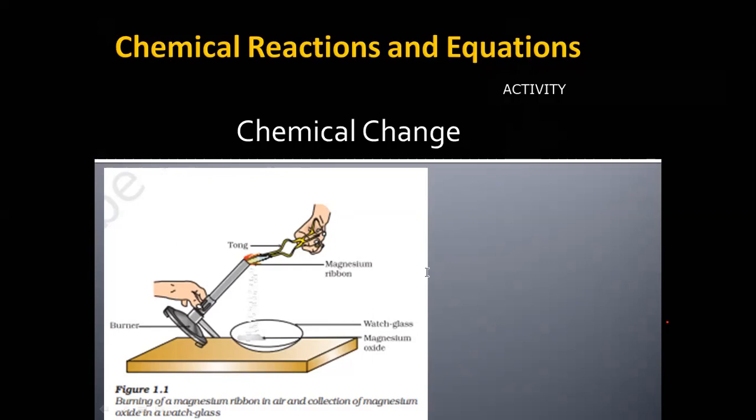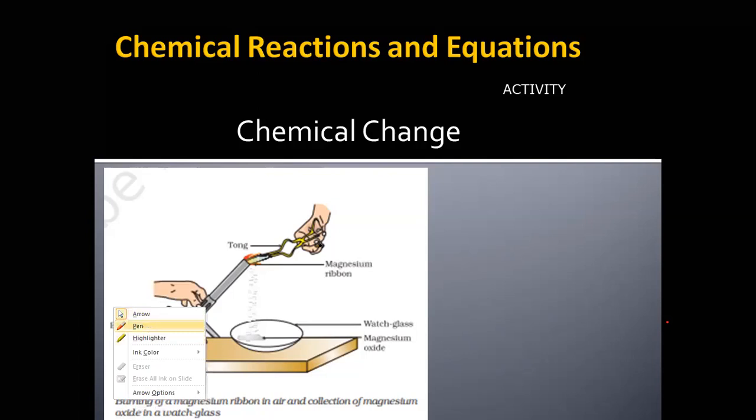You can clearly see we have a burner, and what we are burning over here, we have the magnesium ribbon. You can clearly see, let me just mark the underline here. The next thing that we need to consider is the magnesium ribbon. This is burnt in the presence of oxygen. What will happen? Magnesium is burnt.